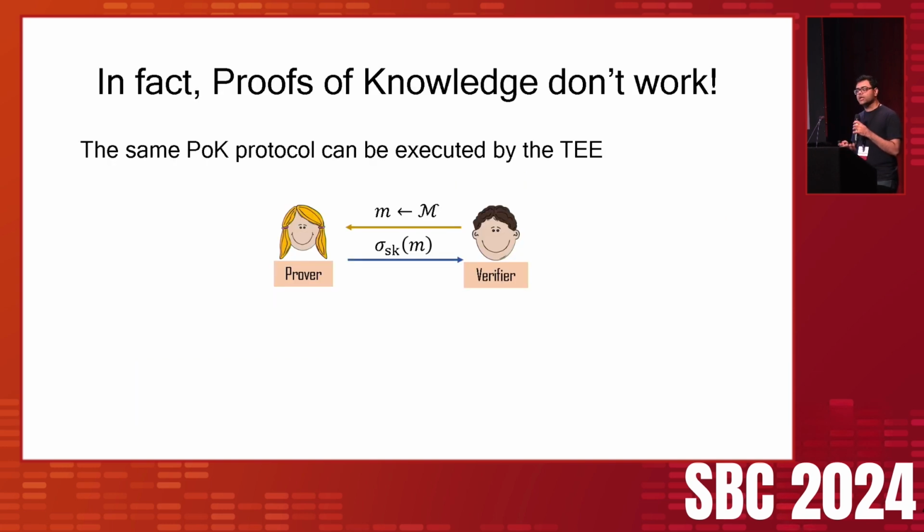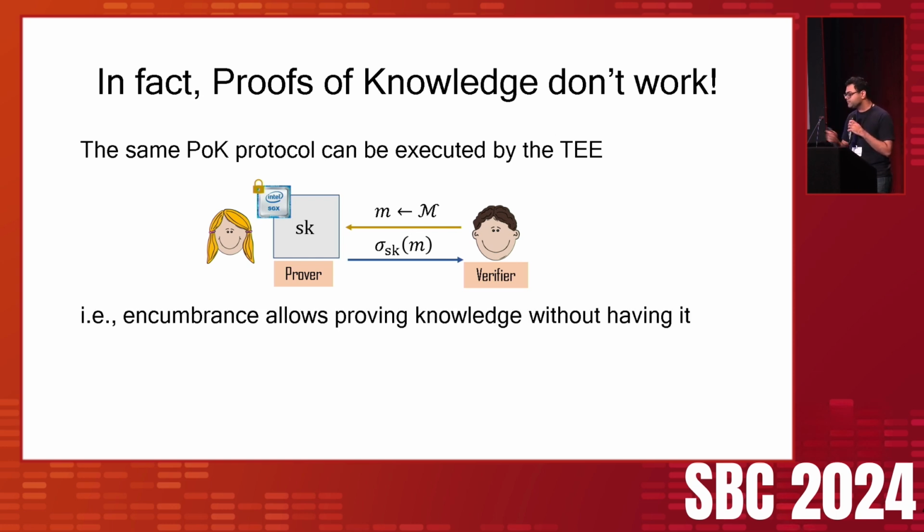And in fact, proofs of knowledge don't actually work because the same proof of knowledge protocol can be executed inside the trusted hardware itself. For example, a simple proof of knowledge would be signing a random message with the secret key, but you can think about the same program, same protocol being run with the secret key inside trusted hardware as well.